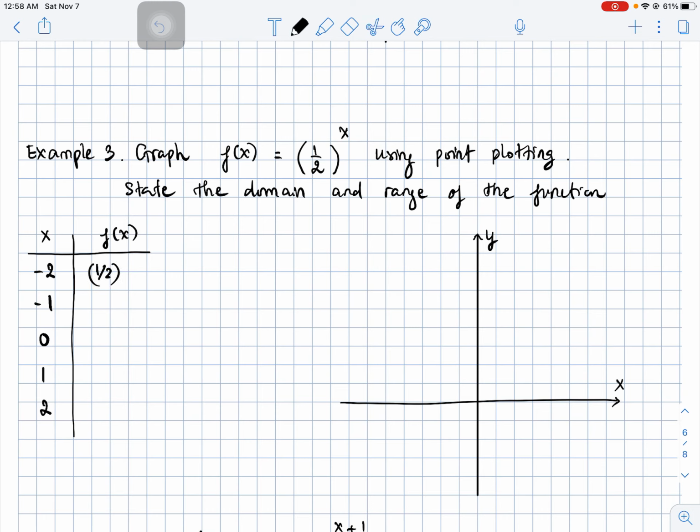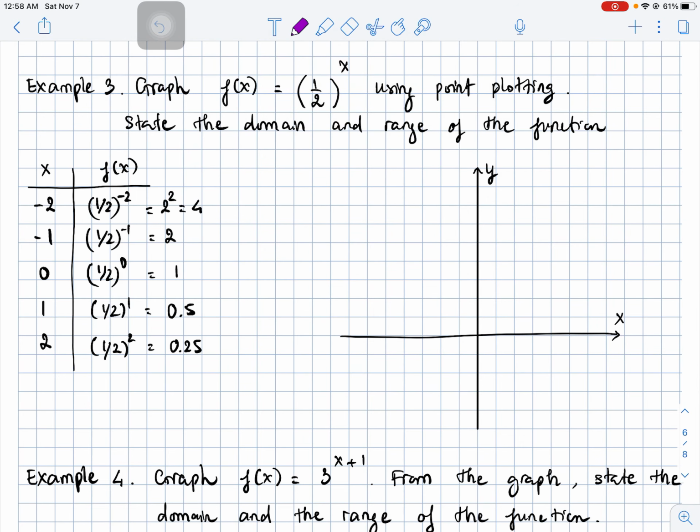Then we do 1/2 to the negative 2, 1/2 to the negative 1, 1/2 to the power 0, 1/2 to the 1, and 1/2 squared. 1/2 squared is 1/4, so we get 0.25. 0.5 for 1/2 to the 1. 1/2 to the power 0 is 1. 1/2 to the negative 1 is 2. And 1/2 to the negative 2 is 2 squared and is equal to 4.